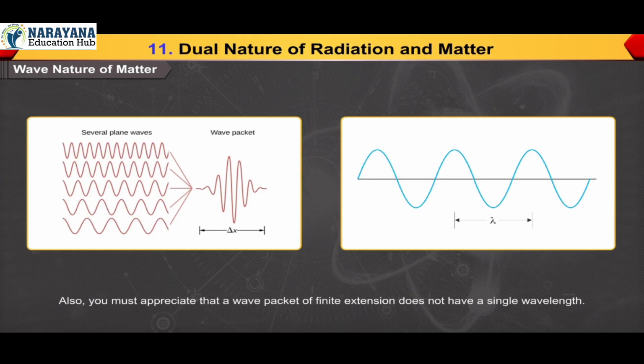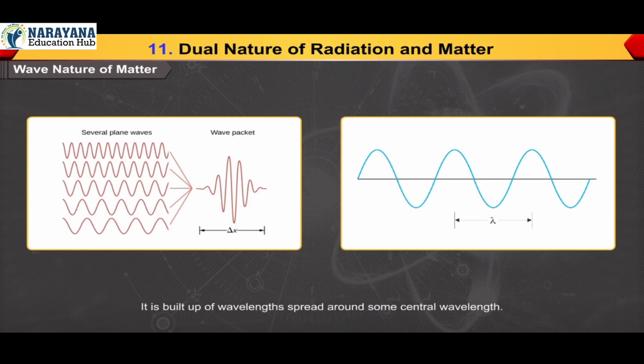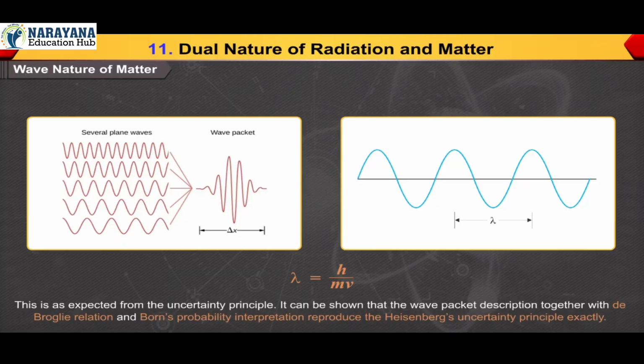Also, you must appreciate that a wave packet of finite extension does not have a single wavelength. It is built up of wavelengths spread around some central wavelength. By de Broglie's relation, the momentum of the electron will then also have a spread and uncertainty Δp. This is as expected from the uncertainty principle.